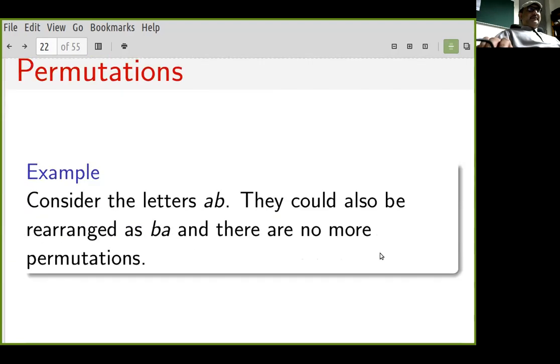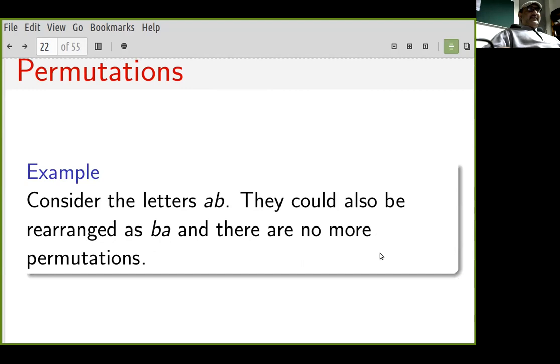Okay, so let's consider the letters A, B. They can be rearranged as BA. So let's say, how many ways can I write the letter A and the letter B in a row like this? Well, I can either write them as AB, or I can write them as BA, and there are no more permutations.